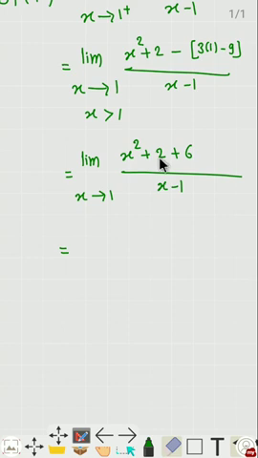Here it is 1 plus 2 plus 6, 9 over 0. Okay, so this limit does not exist.